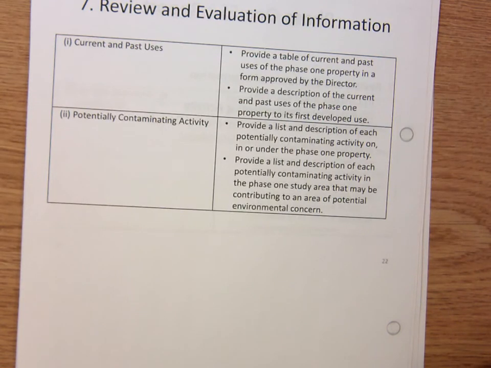As you will see in the next lectures, we will discuss the phase 2 environmental site assessment. We will discuss what kind of activities could be considered risky or potentially contaminating activities. If you see any of those activities, you're going to list them in this area. As I said, we are going to discuss those activities in more detail in the future.